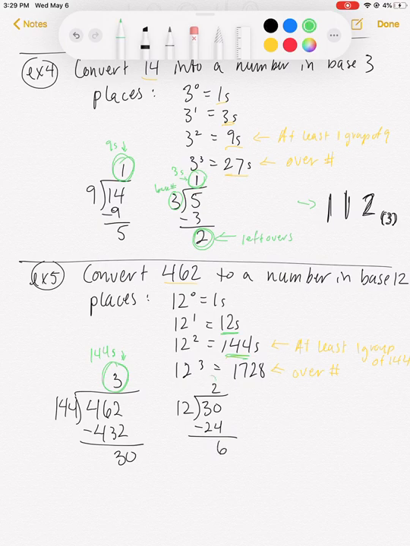Okay, so let's analyze what we got here. This is the 12's place. And then this right here, since we're at the base number here, we have 6 as our leftovers.